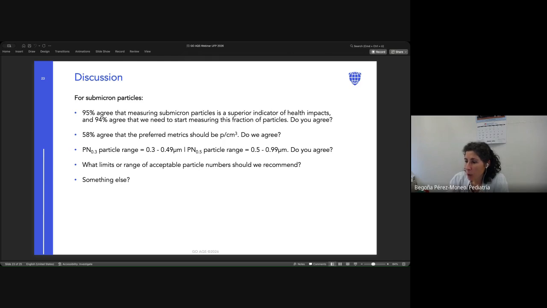So I think it's very important to do more investigation about this. Obviously we have to measure these particles, because if we can't measure them, we can't do any investigation. And also, the results about children's health are very important, so we have to do more research about this.